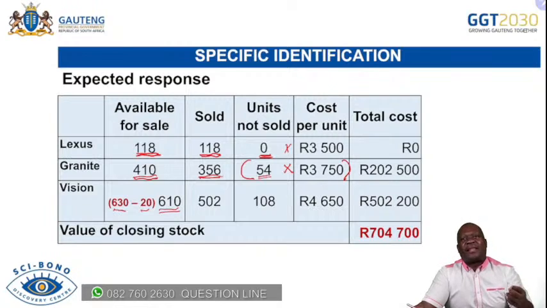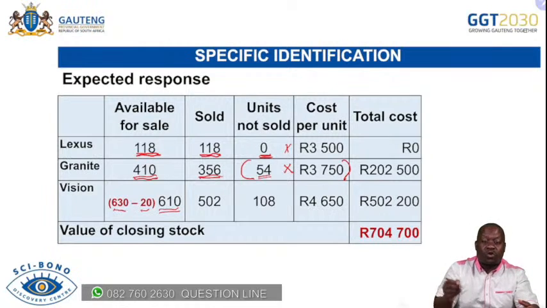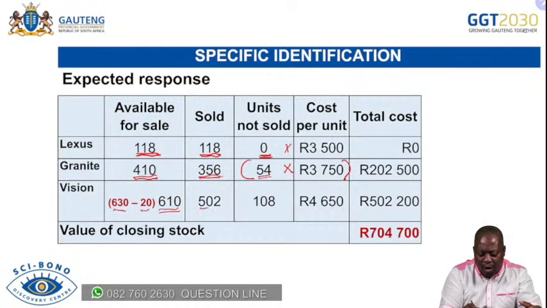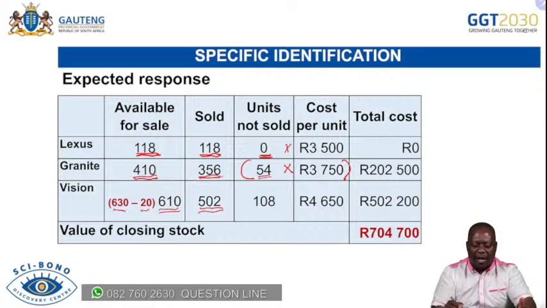Always remember the effect of returns on the goods available. When you return to the supplier, it means there are fewer available now to be sold. So we have got 610 available. But were they all sold? No. Only 502 items have been sold. So it means we still have got something with us. How many are still there?